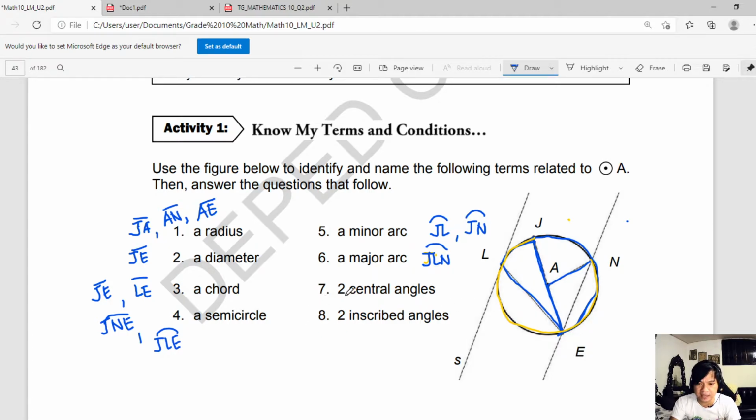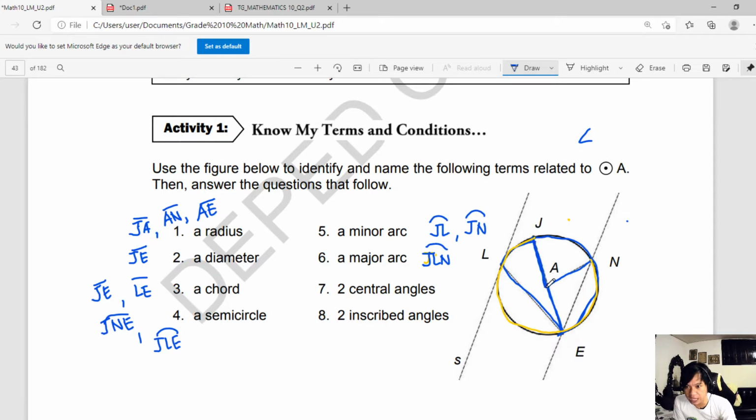Okay, number 7. Let's identify two central angles. So, for this time, we're dealing with angle. So, pag angle, ano ba ang symbol na ginagamit? Remember nyo ito na symbol? That is an angle. So, first is, identify ka ng isang central angle. This one is a central angle.